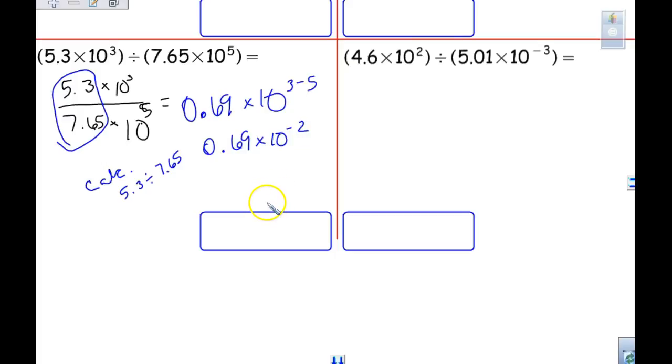Everyone agree? Okay. This isn't in scientific notation. This is telling us to move our decimal point 2 places this way. That's what that means when we see this negative 2 up here. It means 2 places to the left. So my final answer that I'm looking at should be 6.9 times 10.